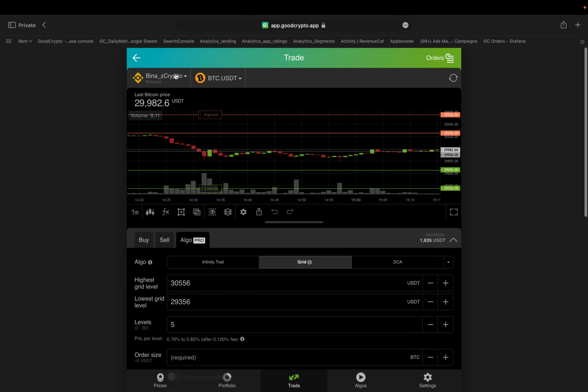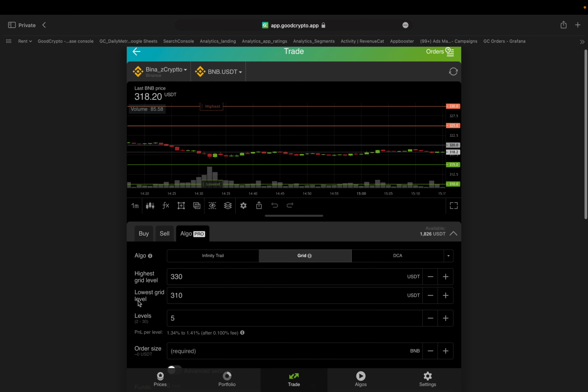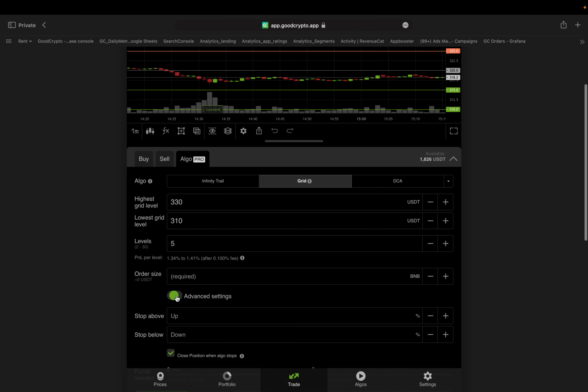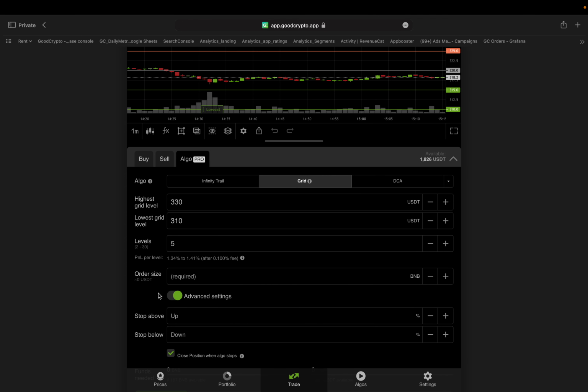Okay, so let's go back to our BNB pair. And the only thing which is left to cover is these advanced settings. The reason it's called advanced settings is not that it's too advanced, it's just not 100% of the time you need this, but it's very advisable to familiarize yourself with it and understand what they mean.